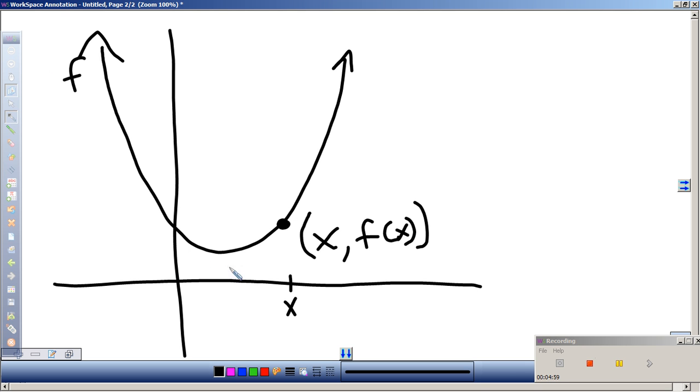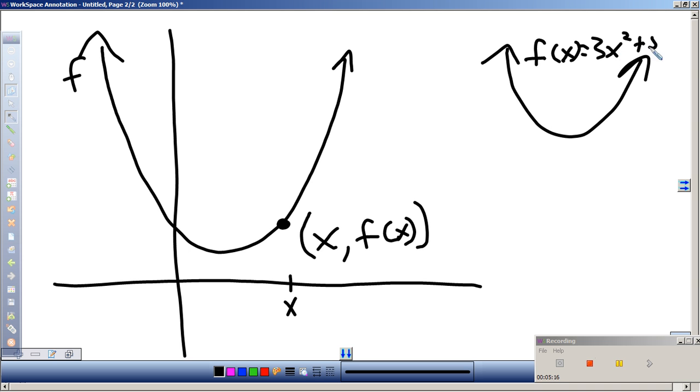If this is the function f, all I do to get the y coordinate is plug in whatever x value I have right here. Everybody follow that? So if we had a graph where f of x equals 3x squared plus 5, and I wanted 2, 2 comma, what do I do with that 2?